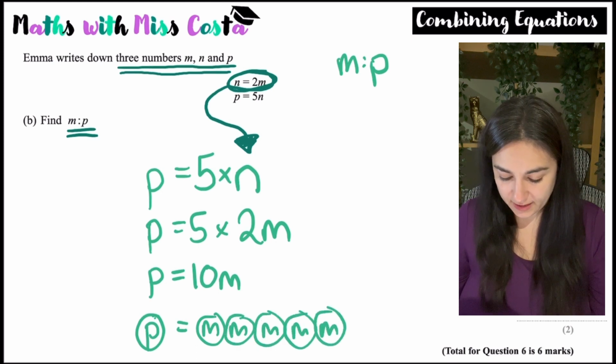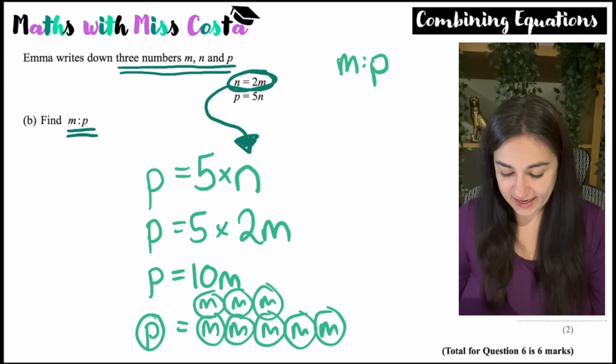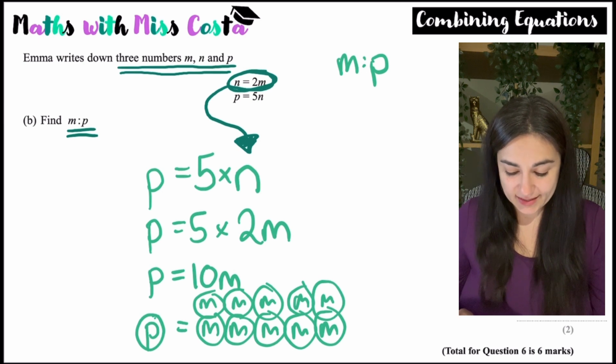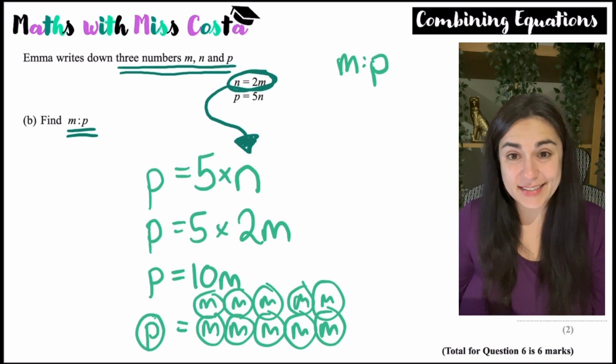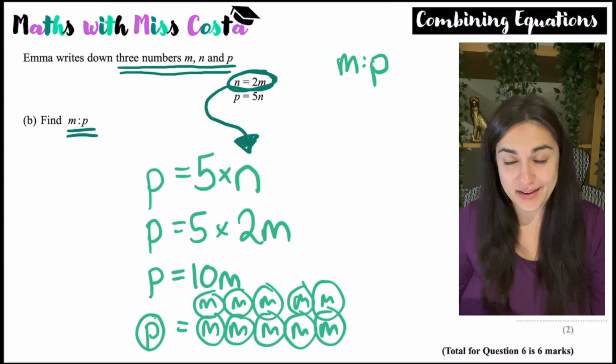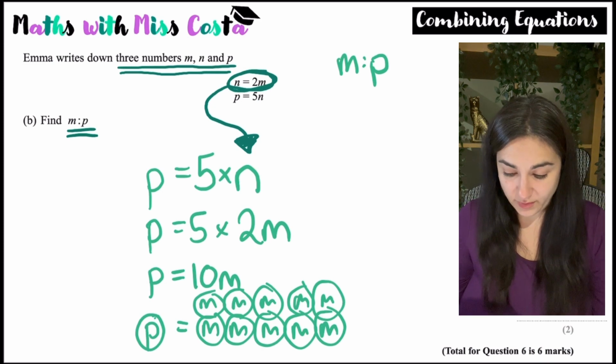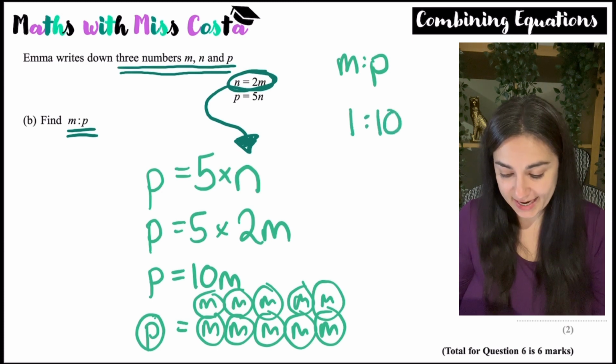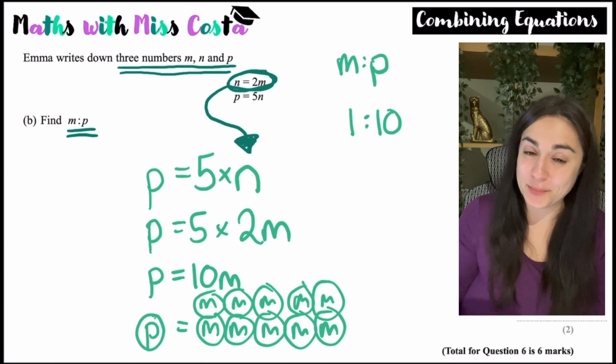So if you just think about this, 1, 2, 3, 4, 5, 6, 7, 8, 9, 10, p is 10 lots of m. So P is 10 times bigger than m. Therefore, the ratio would be 1 to 10, because P is 10 times larger than m.